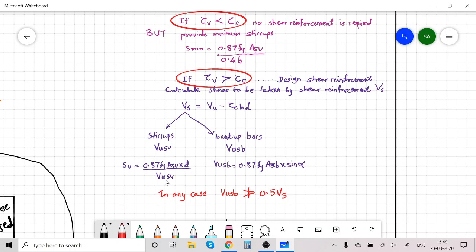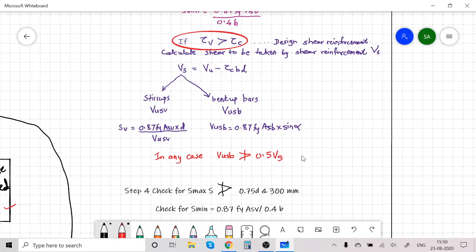This is the shear to be taken by vertical stirrups, that is Vusv, and this is the shear force taken by bent up bar, Vusb, equal to 0.87 Fy Asb into sine alpha. In no case should Vusb be greater than 0.5 times Vs. So, whatever is the shear force to be carried by shear reinforcement, the bent up bar should not carry more than 50% of that.